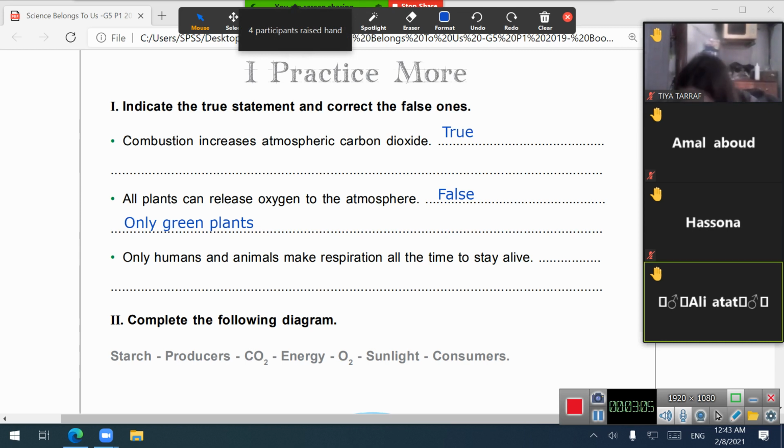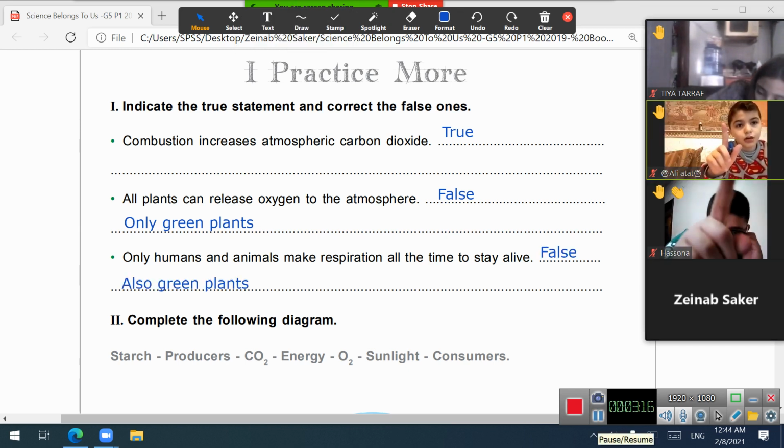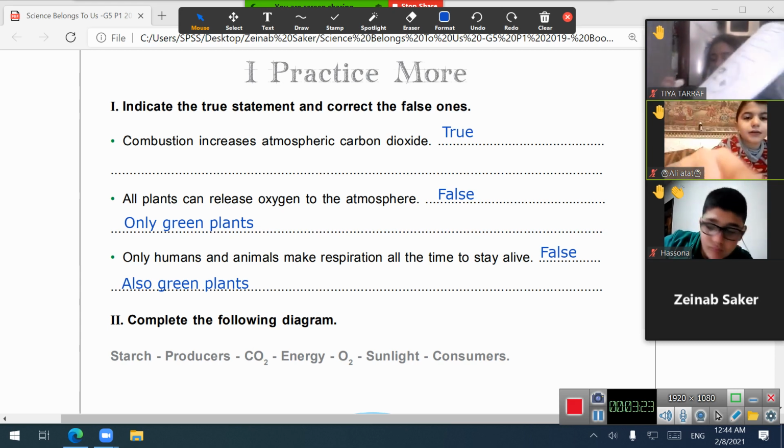Yes, and plants. Excellent, because also plants are living things. So let's write the answer. Also green plants, not only animals and humans, make respiration like animals and humans.